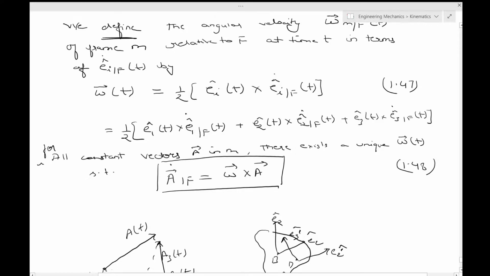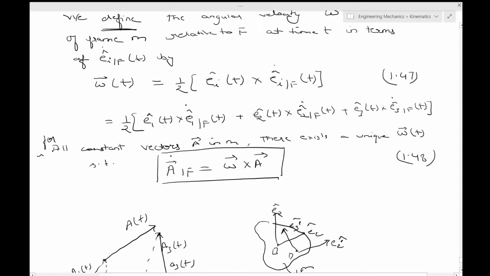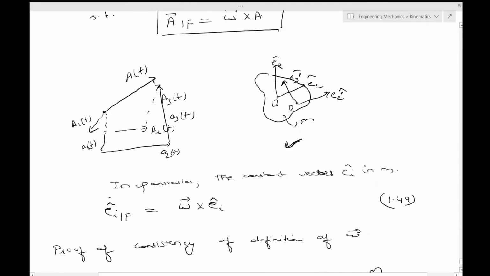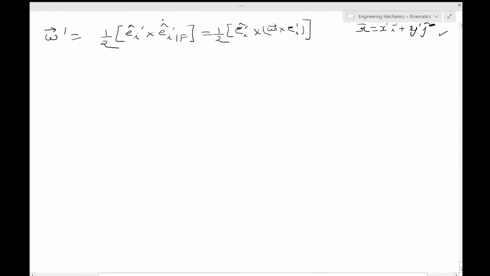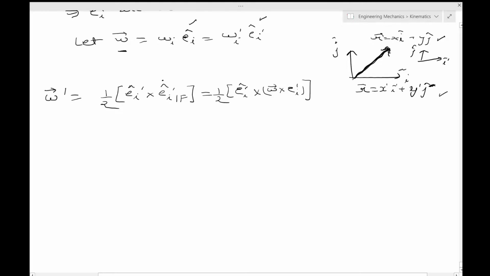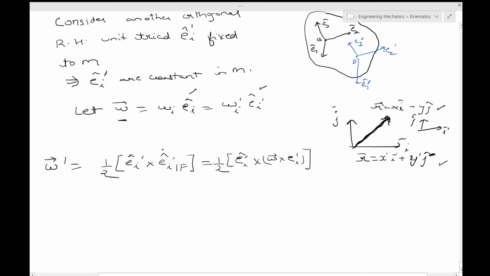Similarly, you can write omega dash is equal to half into ei cross ei dash into ei dot dash. Okay, so this can be written by 1.47.